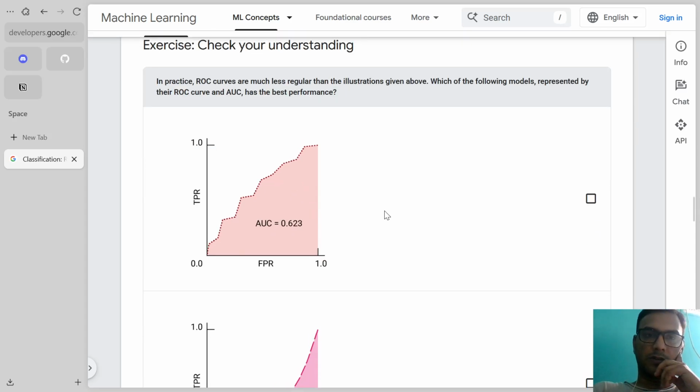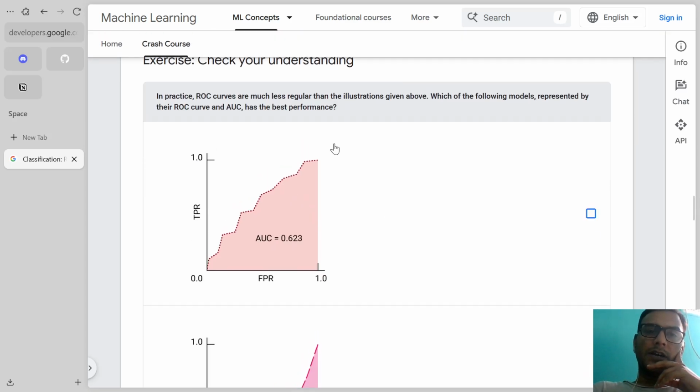Okay, now let us check our understanding. In practice, ROC curves are much less regular than the illustration given above. Which of the following models, represented by their ROC curve and AUC, has the best performance?